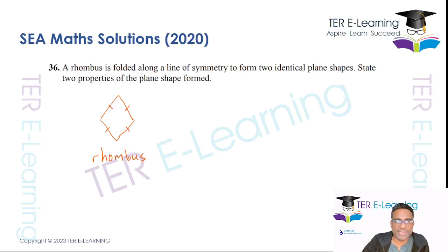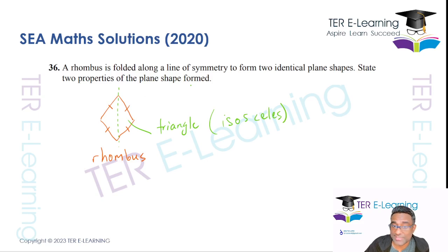Now they said that we fold this along its line of symmetry. So let's say we fold it along this line here. What's going to happen is that this here is going to be a triangle. Because we have 2 sides equal, it's an isosceles triangle. So they want 2 properties of this isosceles triangle.